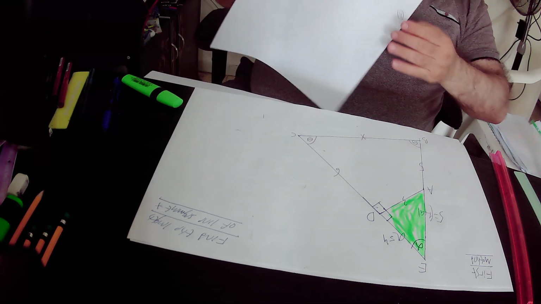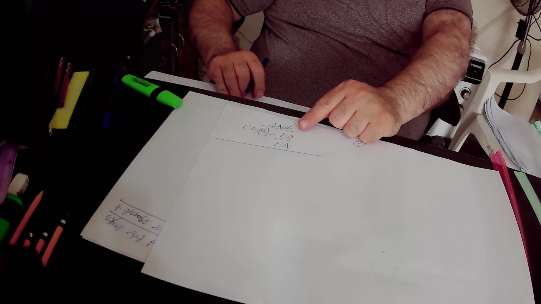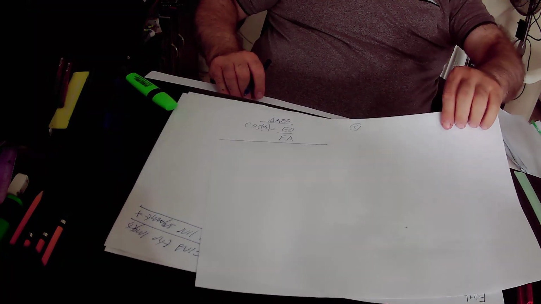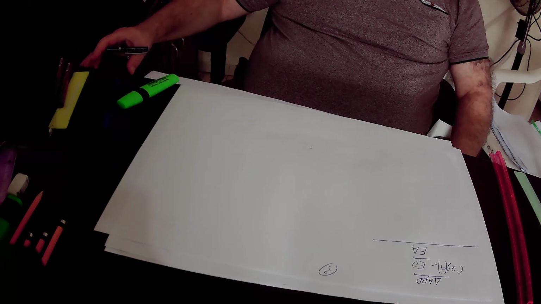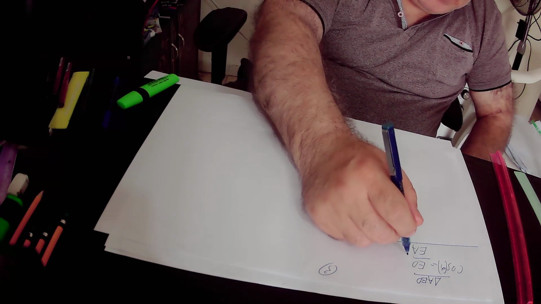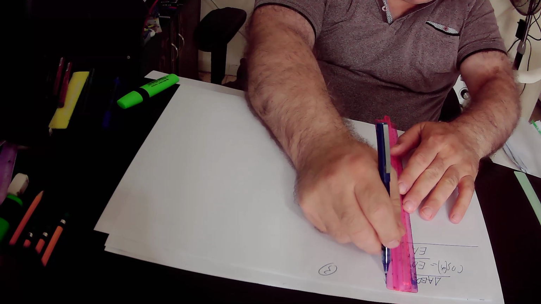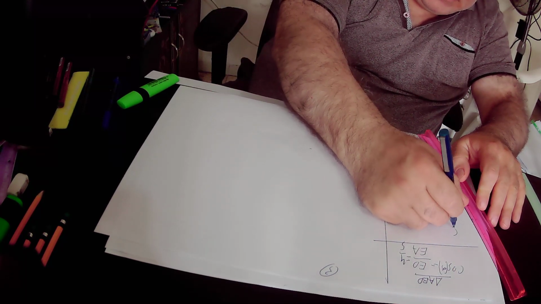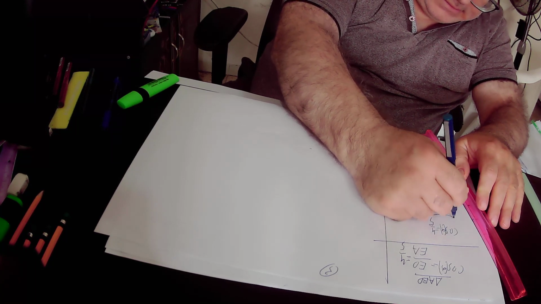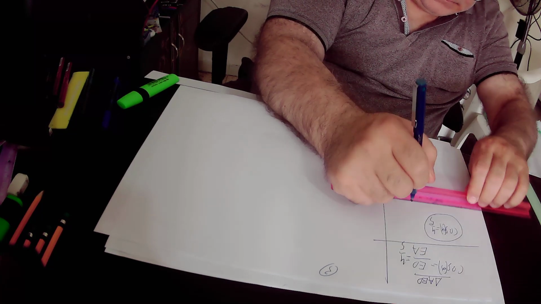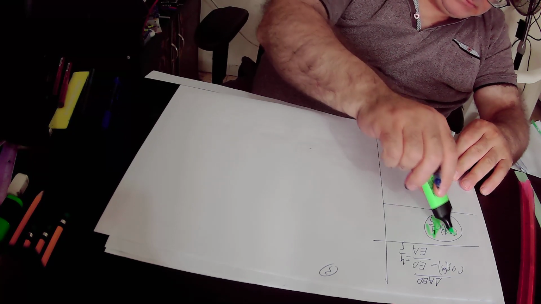I'll repeat again. Cosine alpha equals ED over EA. Here ED equals 4 and EA equals 5, so in conclusion cosine alpha equals 4 over 5.